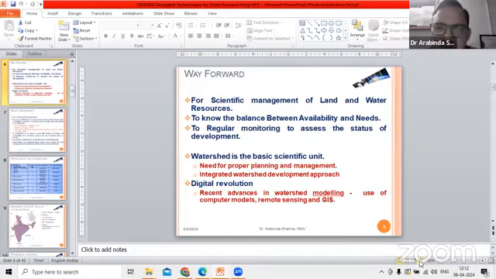Suppose I have to find out the soil moisture content of a particular region, what do I have to do? I have to set up instruments at different localities in that watershed, soil moisture probes and so on.